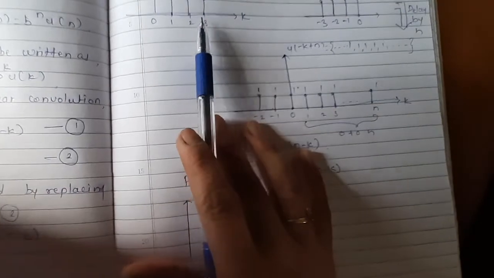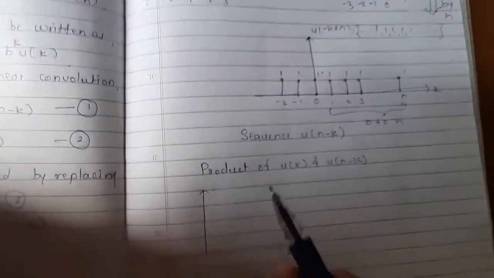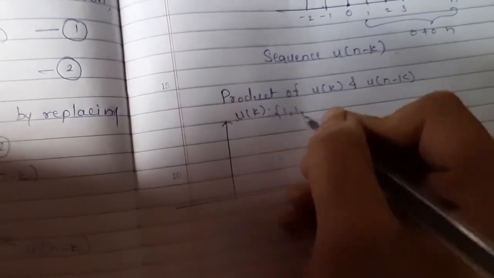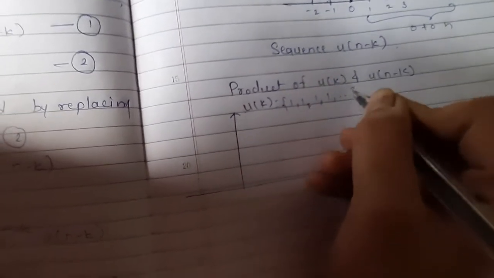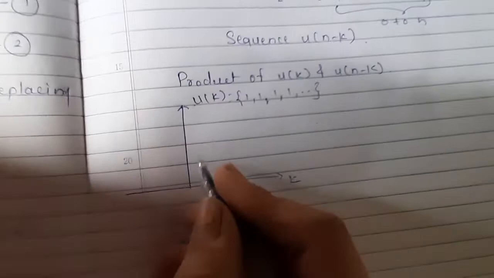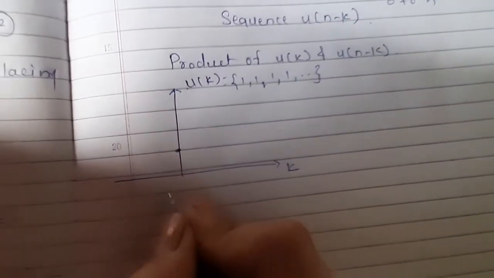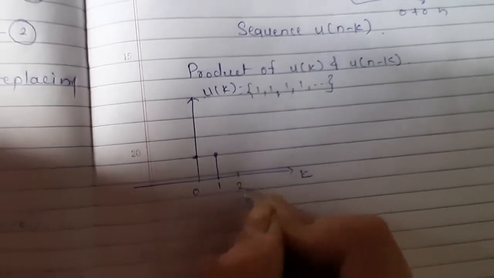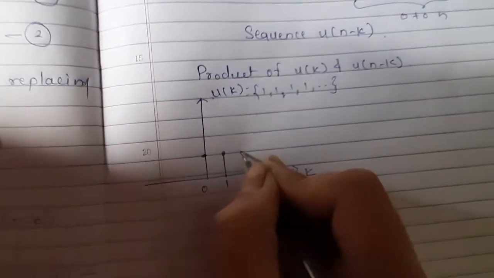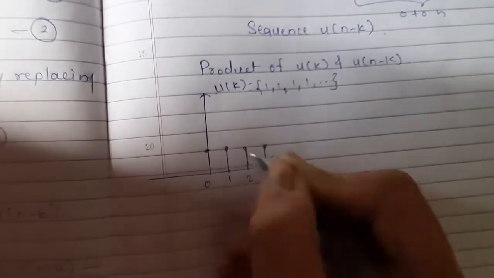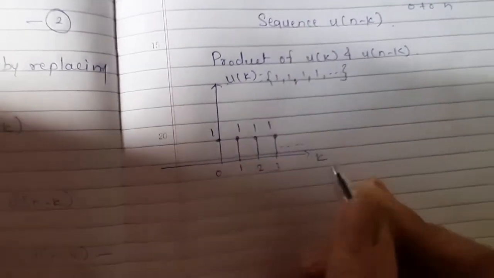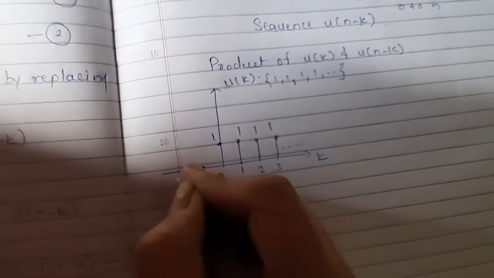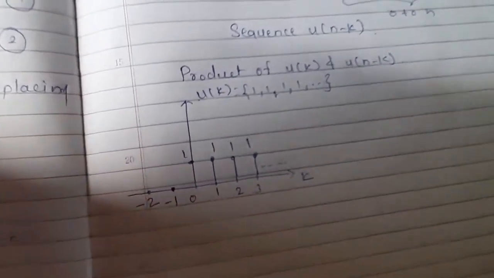U of k is this one, with values 1, and this is minus 1, minus 2.